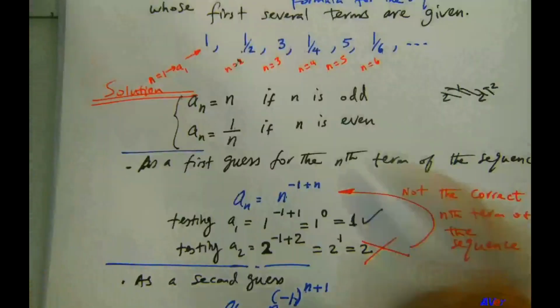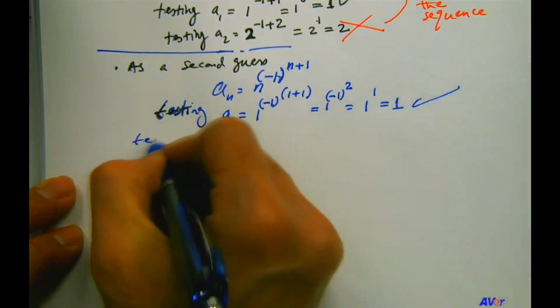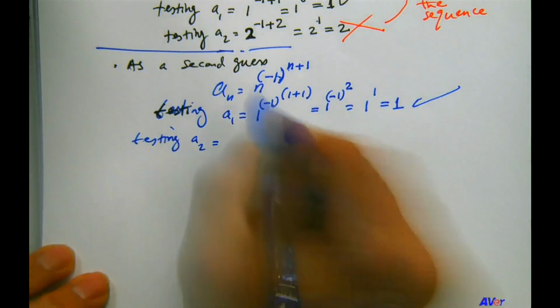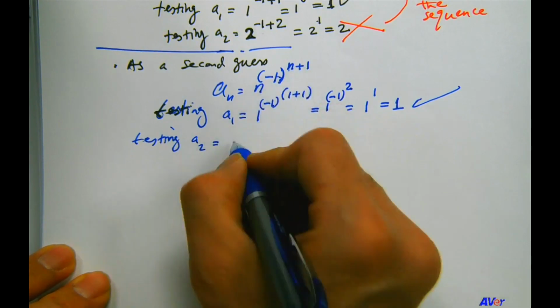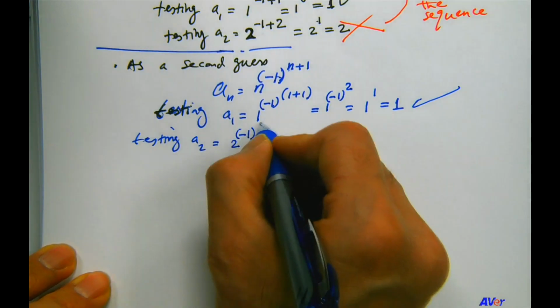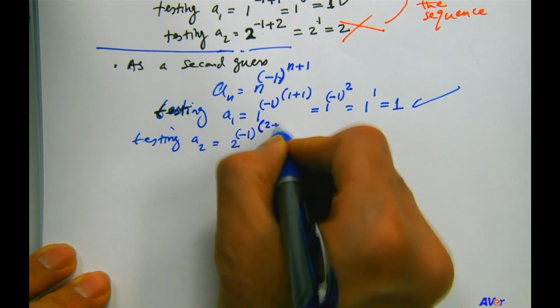Let's see if we're going to get 1/2, which is the second digit. Okay. So testing A2. I'm going to plug in for n with 2 in here. So 2 to negative 1. So far, so good. And then raise that, not multiply it, raise it to 2 plus 1.